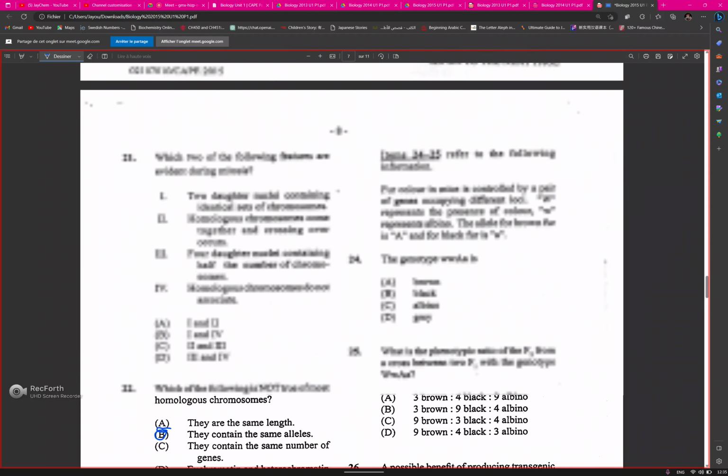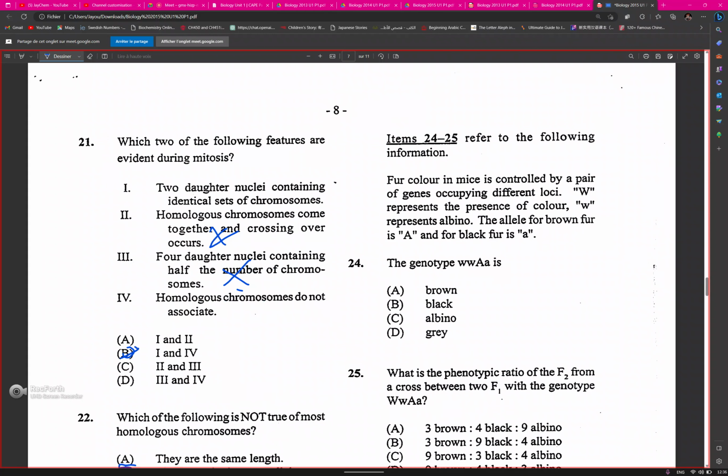Okay, so let's highlight this question here. Set A. The fur color in mice is controlled by a pair of genes occupying different loci. Large W represents the presence of colors, small w represents albino. The allele for brown fur is large A and black fur is small a.